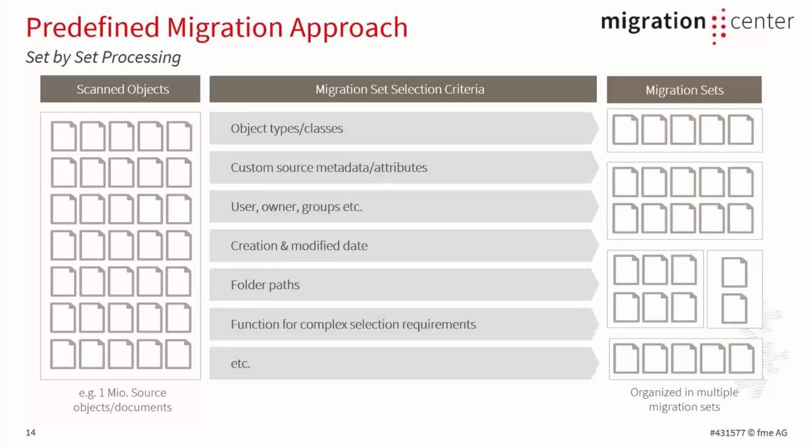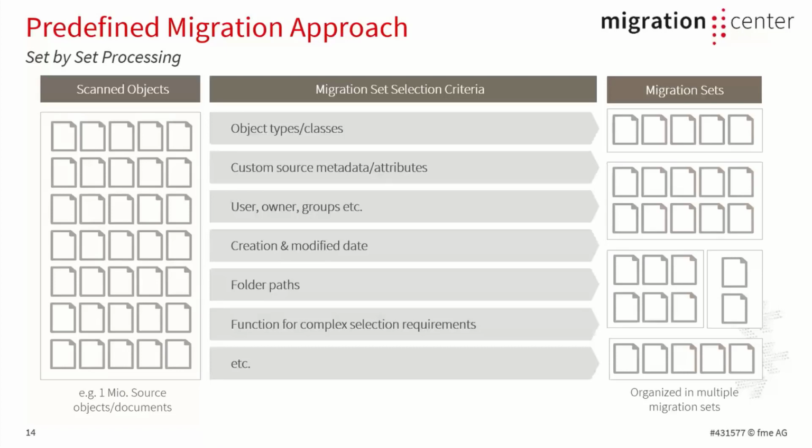For example, here we have 1 million source objects, which were scanned with one scanner. In Migration Center, you can already divide that onto several scanners, so that you scan 10,000 documents with 10 scanners, for example. But once you scanned, let's say, 1 million source objects, you have another place where you can filter and exclude objects which maybe don't belong together.